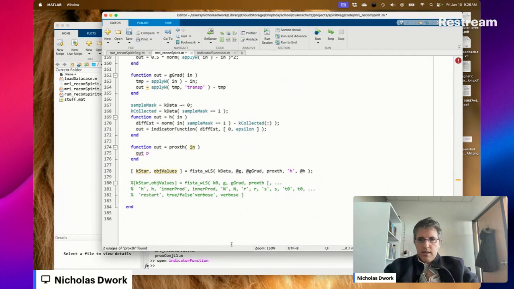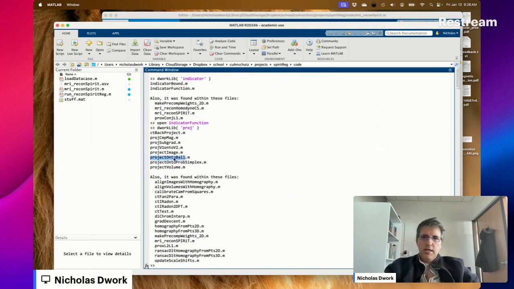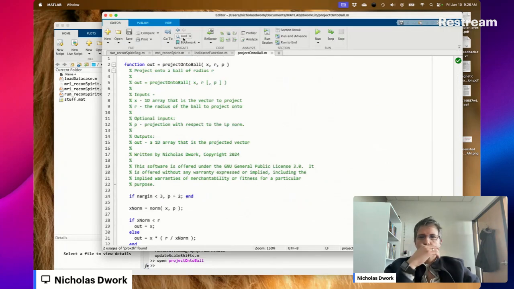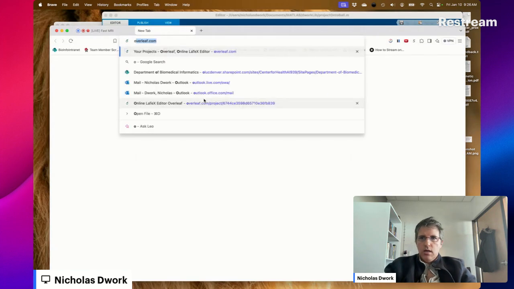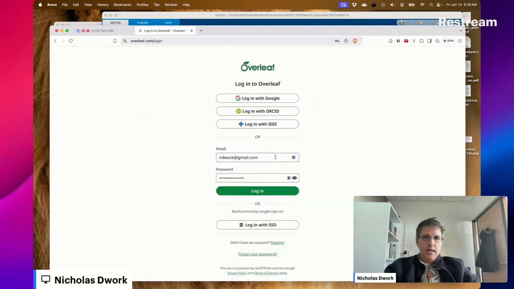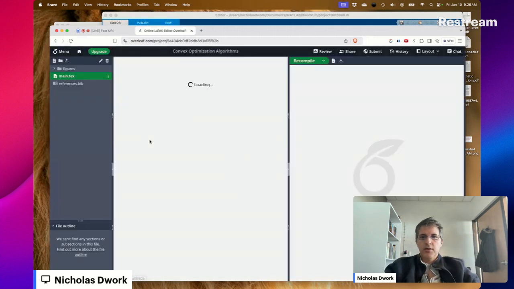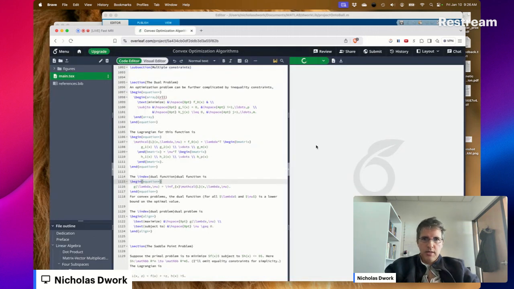So I think, let's see if DeWork lib project onto ball. I forget what the proximal operator is. I forget whether I want H to be the norm, a bound on the norm, or the norm squared.